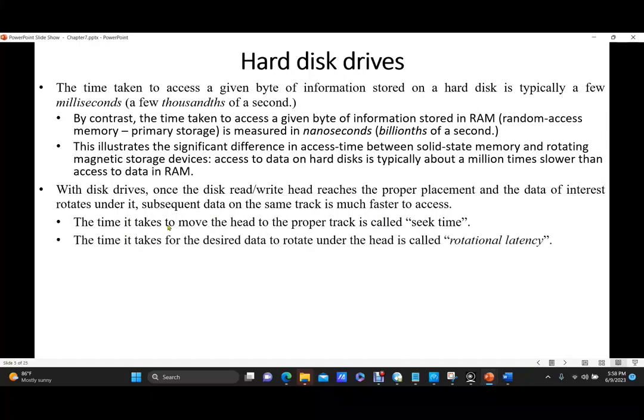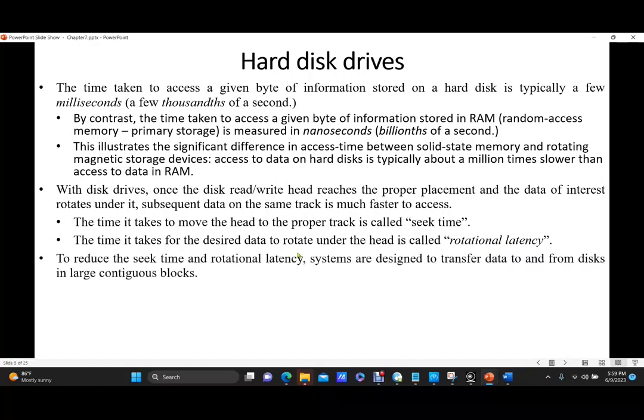Once it's positioned over the correct track, then one has to wait for the desired data to rotate under the head, and this time is called rotational latency and is much faster than seek time.